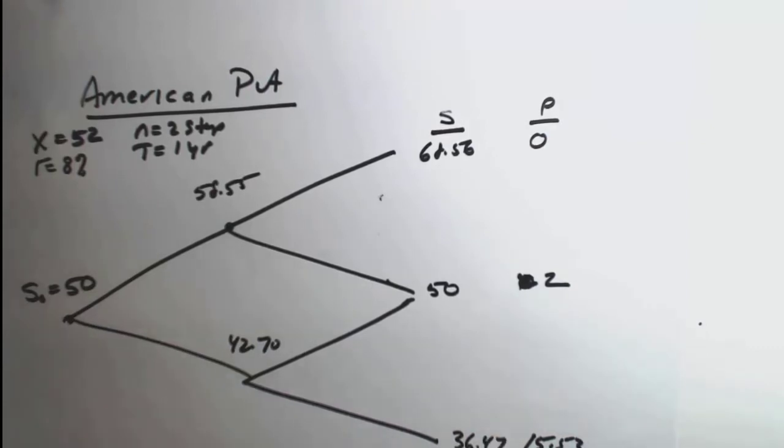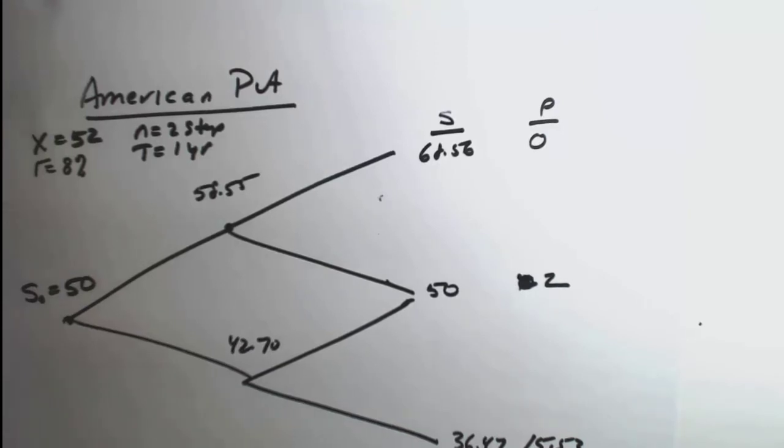Now, we're going to go through the lattice work, but here's the trick with an American option, specifically the American put. We must ask ourselves at each node whether it is more valuable to exercise the option or to keep it, in other words, hold it for the next step. If it's more valuable to exercise, then we insert the intrinsic value, which is the exercisable value of the put, in place of the European put value.